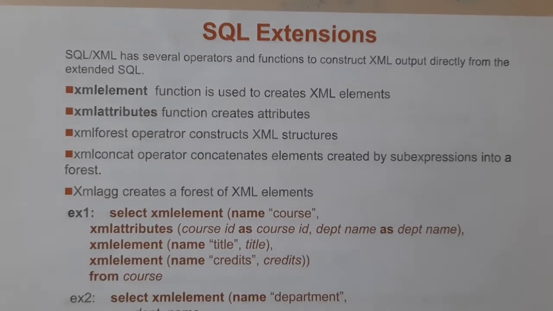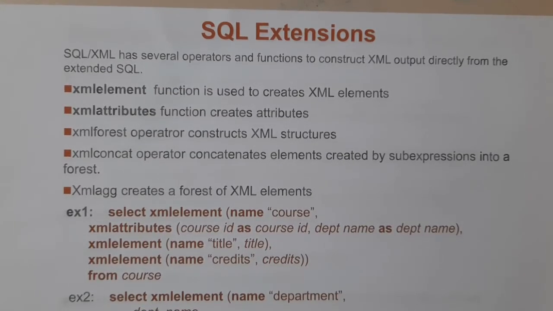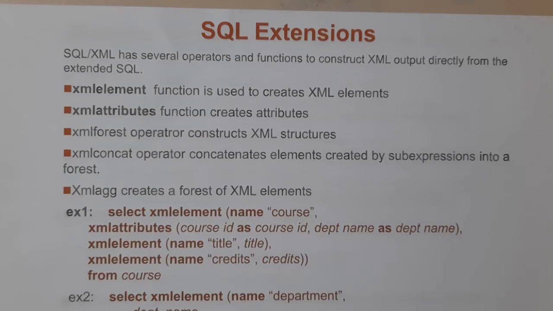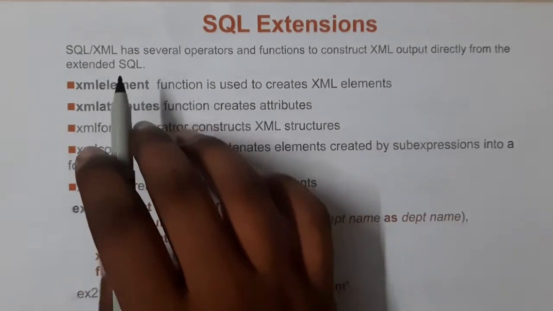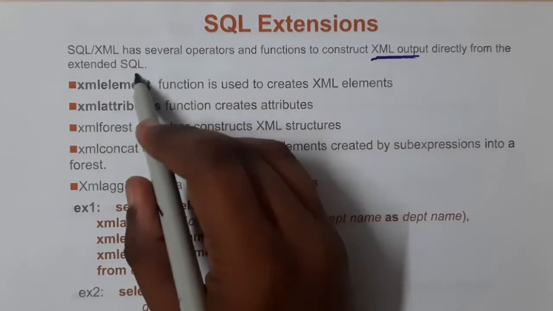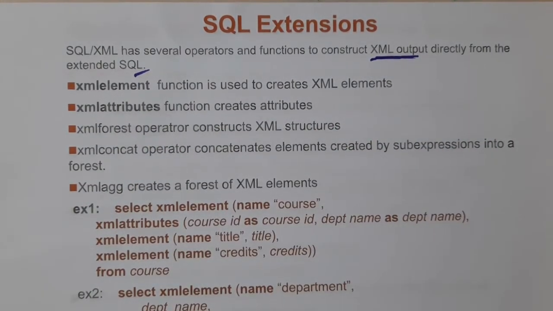The next topic is SQL extensions, guys. For doing some operations with respect to XML data, we'll be using these SQL extensions. SQL for XML has several operations and functions to construct the XML output directly by extended SQL.